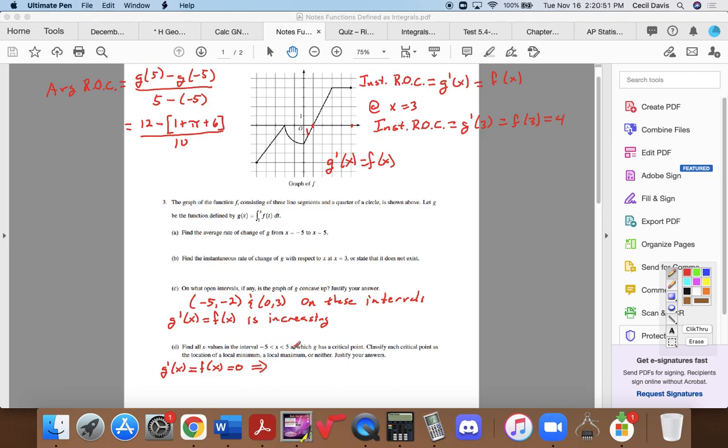Notice again, it's the open interval. I don't have to worry about local minimums or local maximums at the end point. So that's going to be at x equals -2 and x equals 1.